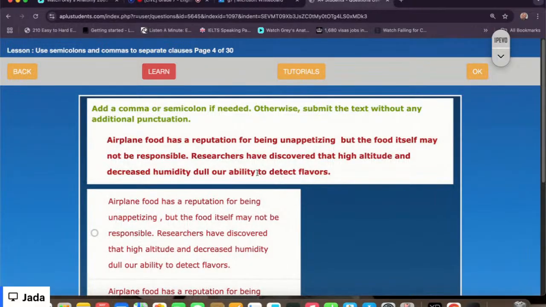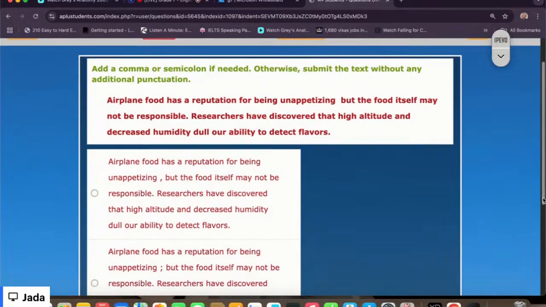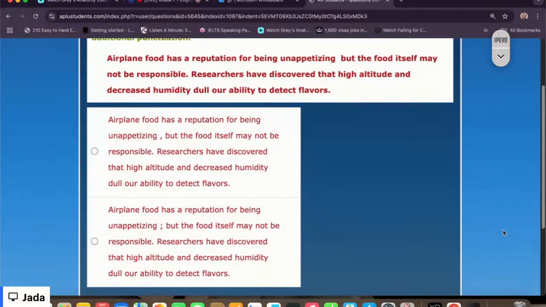So, airplane food has a reputation for being unappetizing, but the food itself may not be responsible. Researchers have discovered that higher altitude and decreased humidity dull our ability to detect flavors. So, comma or semicolon?